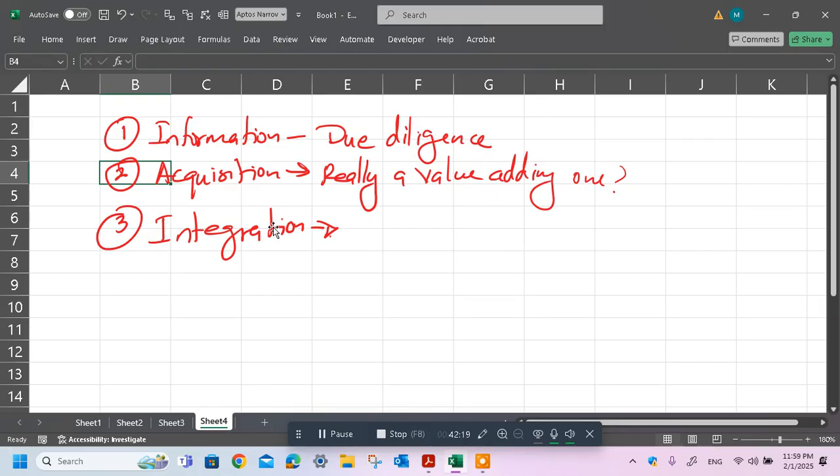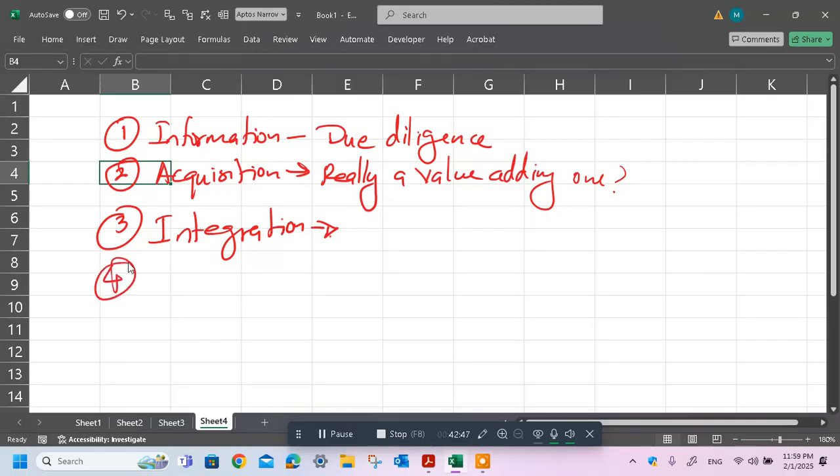Most of the time, it is the target company's employees. They feel deprived of the way they have been working. So special efforts must be taken, special teams can be appointed to ensure the integration is smooth. There is no friction, there are no issues arising in the integration process.